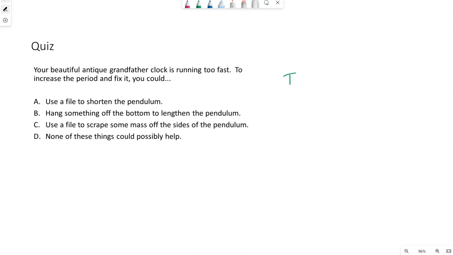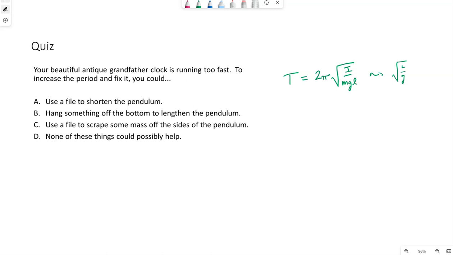A grandfather clock is a physical pendulum. So the period ends up being 2 pi times the square root of I over mgl. Essentially, it's related to the length of the pendulum over g, similar to the simple pendulum.